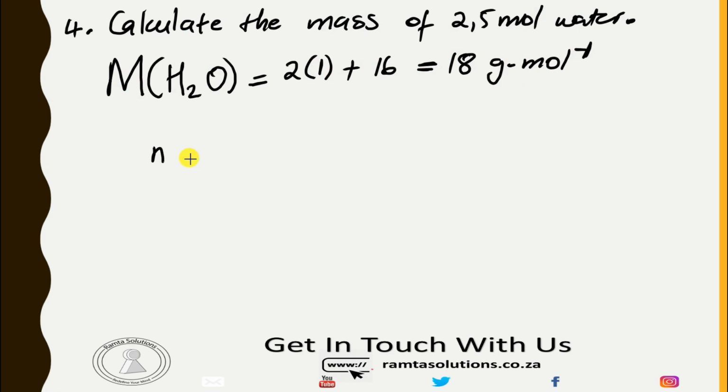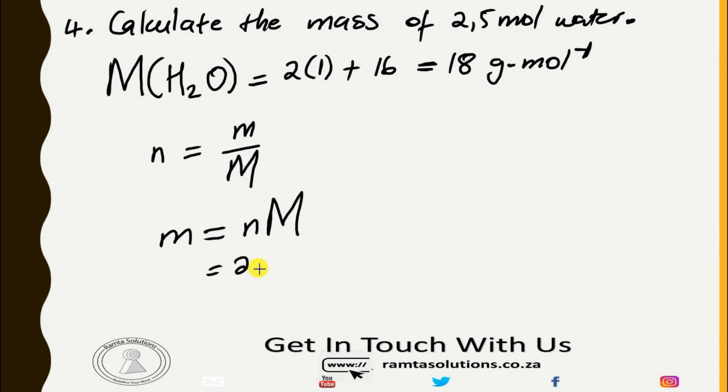So you recall n equals m over molar mass. We are looking for the mass, therefore we will just say m equals n times molar mass. So this is 2.5 times 18. The answer is 45.